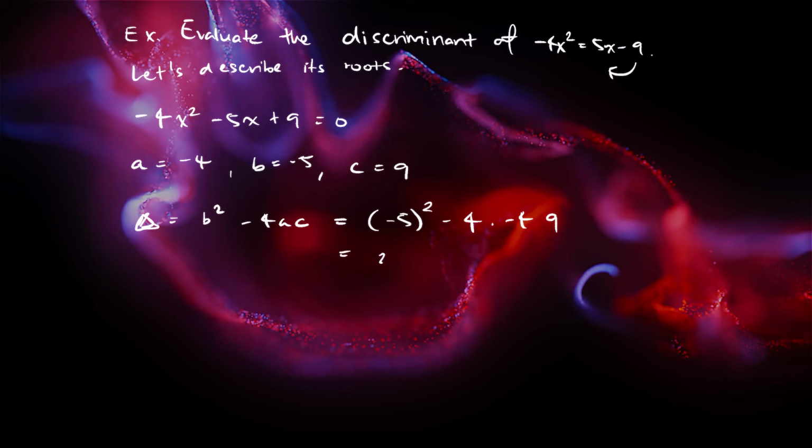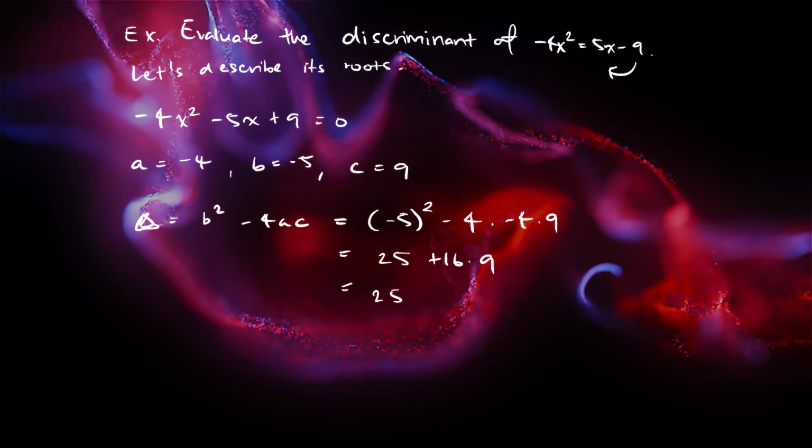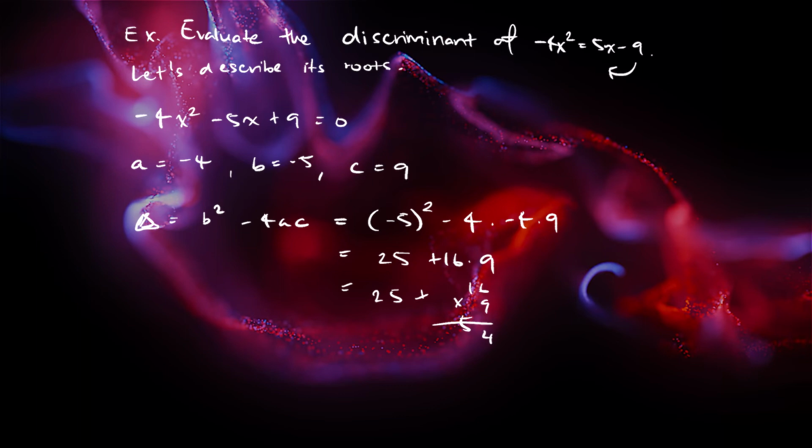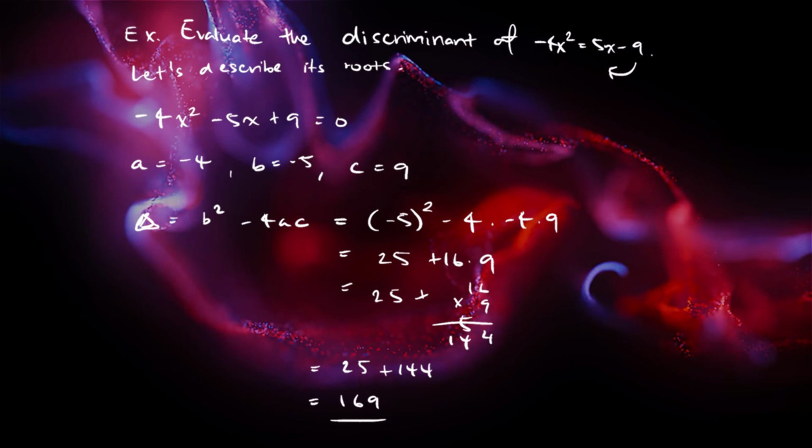This is equal to 25 plus 16 times 9. Let me do the calculation: 6 times 9 is 54, 9 plus 5 is 14. So this is equal to 25 plus 144, which is equal to 169. So our value of the discriminant is 169.